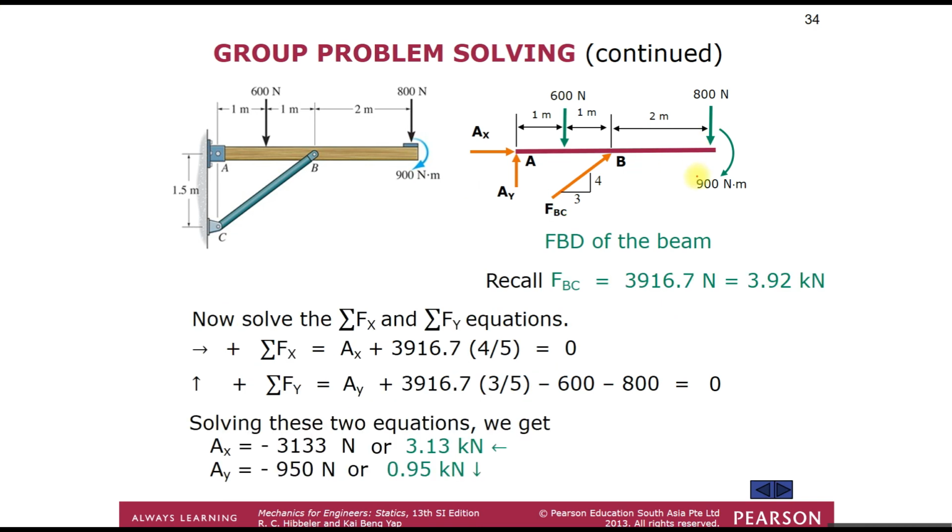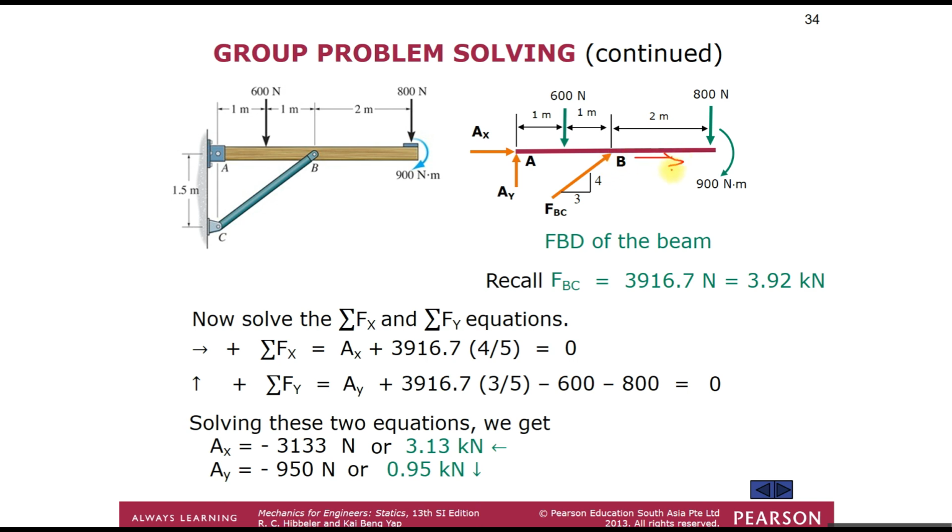Next, since we already have solved FBC, we can move to solve the summation of Fx and Fy. The summation of Fx: since we already know FBC, only two forces act along the x-axis, which are AX and FBC, in this direction.